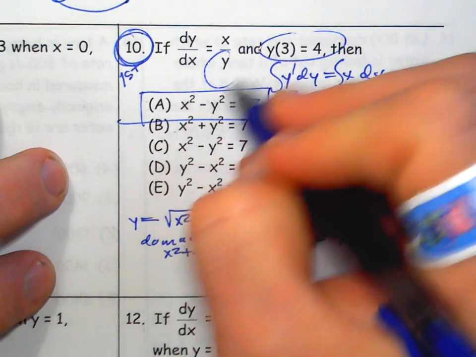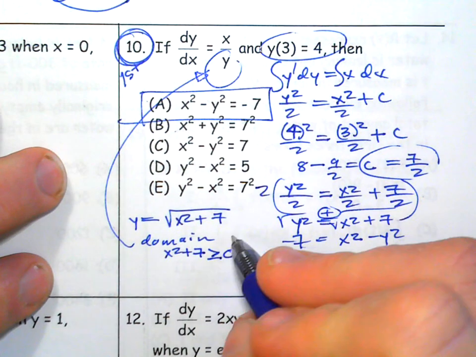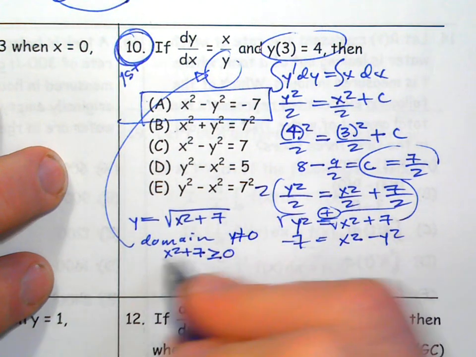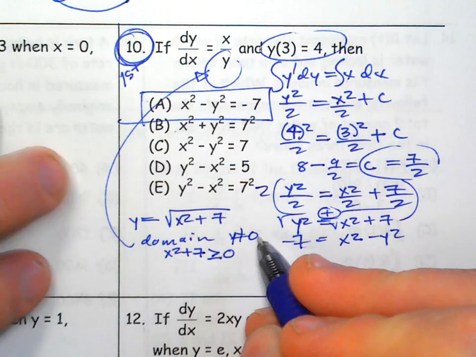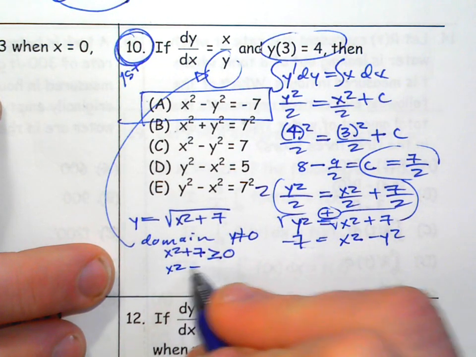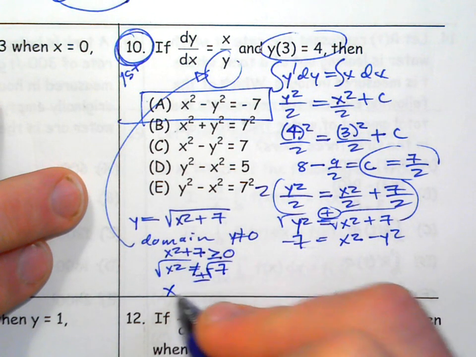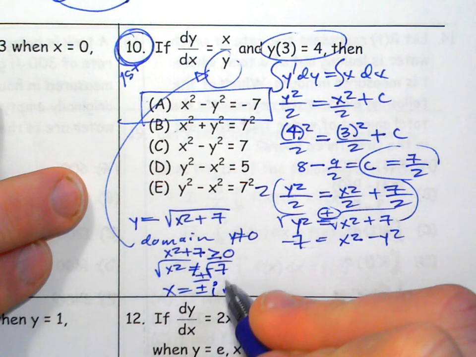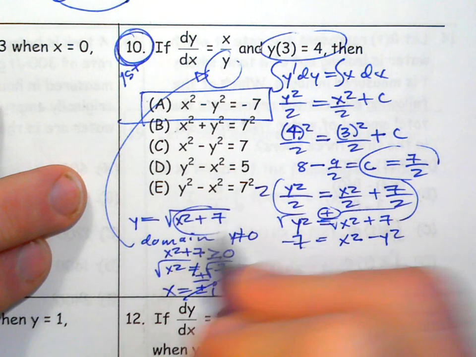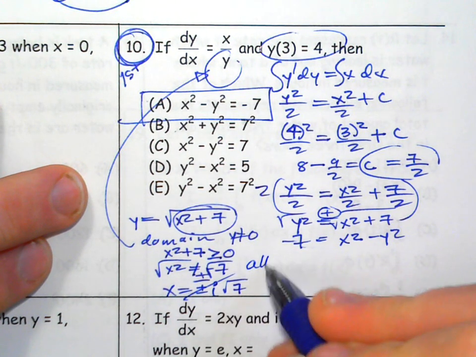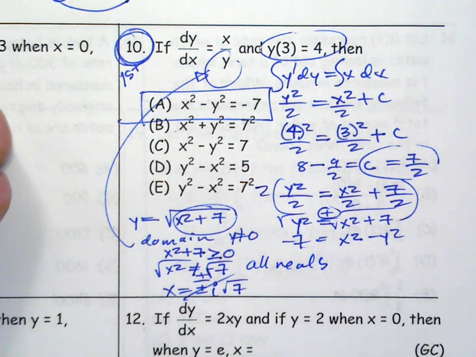Also, we want y to not equal 0, and finding where the inside equals 0 is going to be the same thing. So, square root of both sides, x equals plus or minus i root 7. Don't need to worry about it. This is always positive. The domain is all reals if you're looking for the domain.